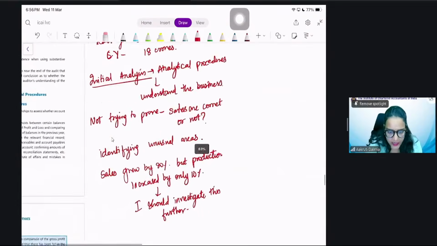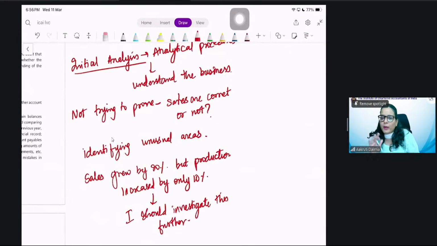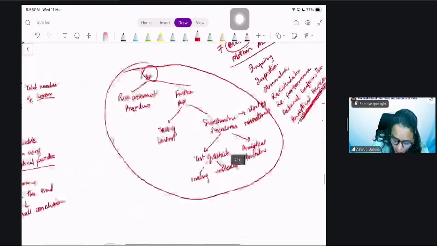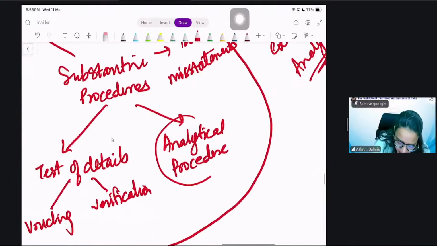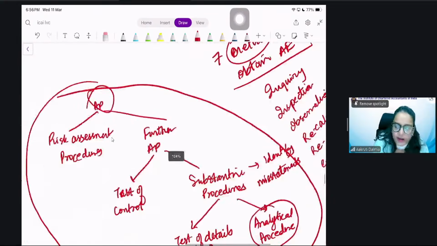So it means the analytical procedure I am doing right now, is it the analytical procedure that we saw here? Is it a general analytical procedure or a substantive analytical procedure? General.